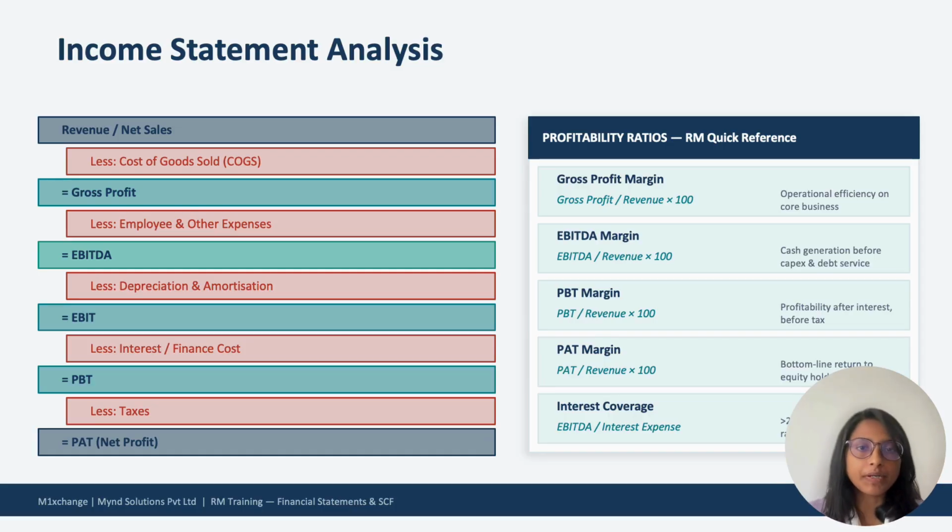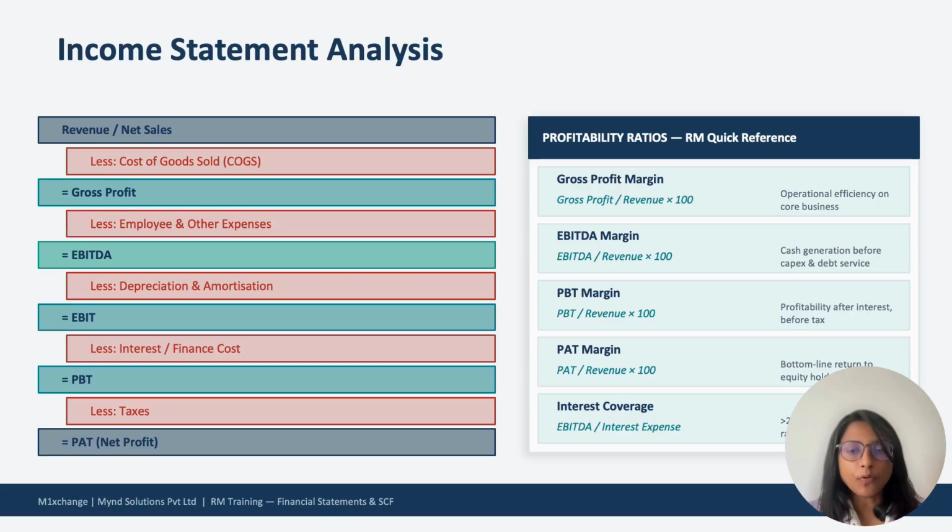The next is PBT margin, which is profit before tax divided by revenue into 100. This tells me how much the debt burden is eating into the margins, because I'm removing interest, right? And then I have my PAT margin, and that is what's actually left for equity holders, right?